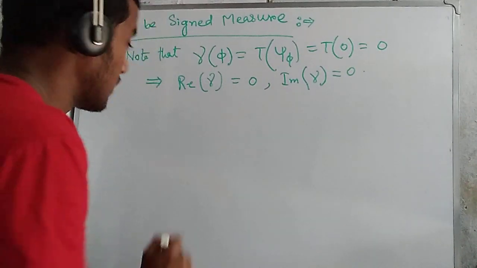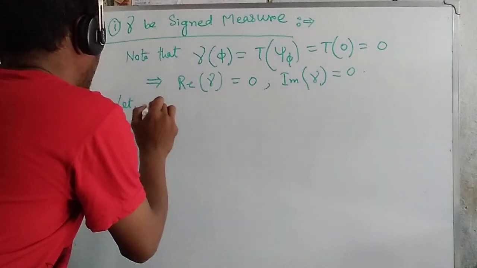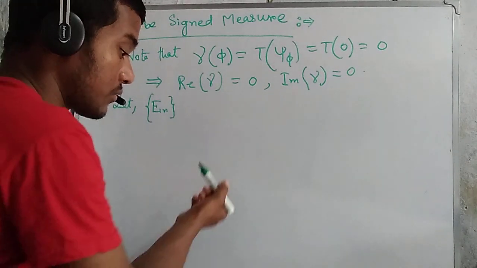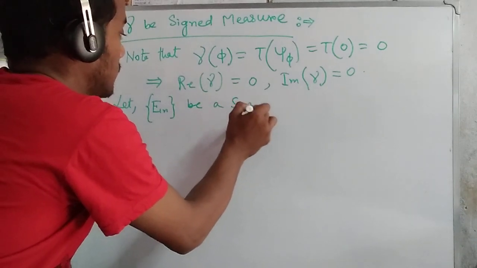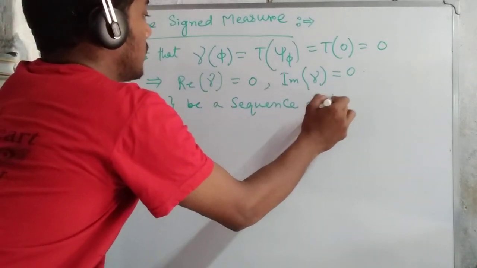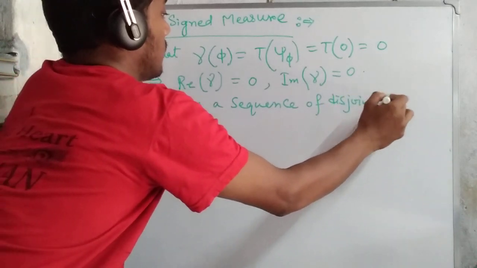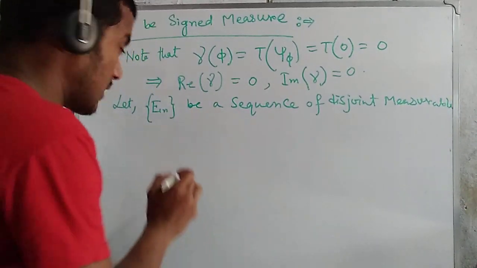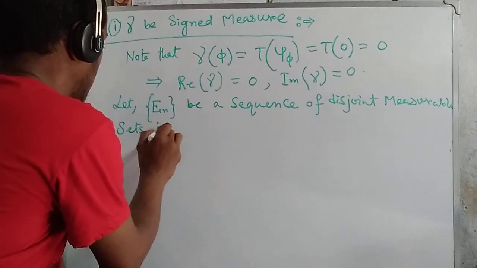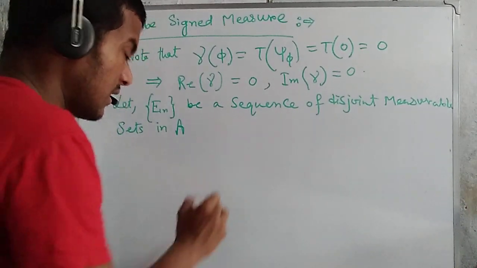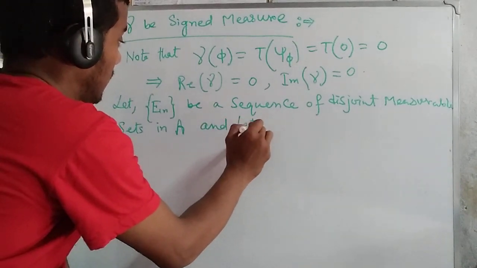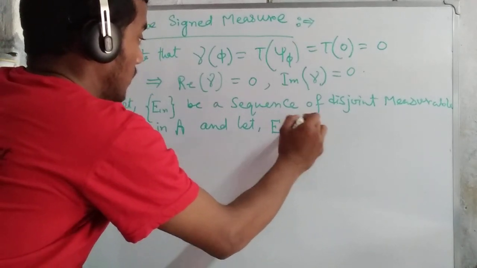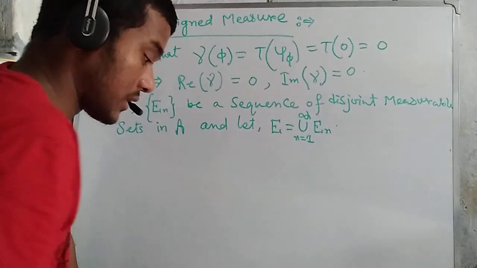Okay, now let E_n be a sequence of disjoint measurable sets in script A, and let E equal the union of n equals 1 to infinity of E_n.